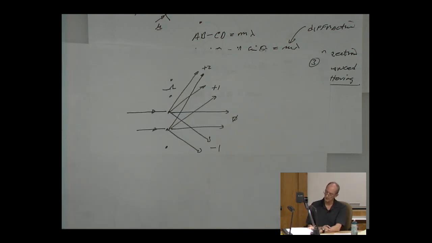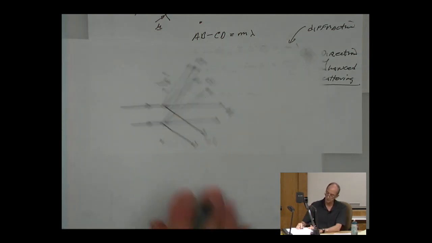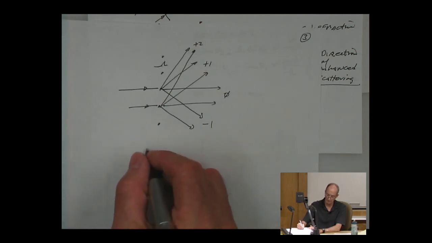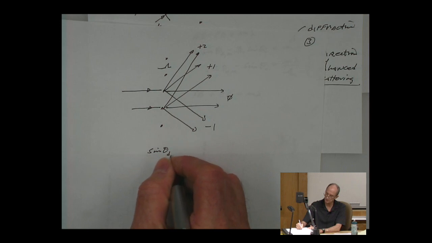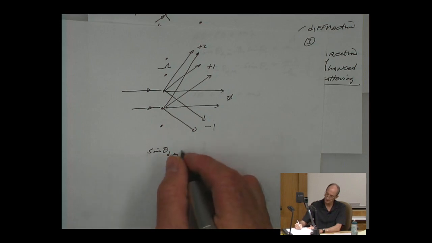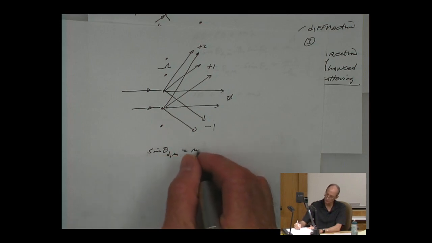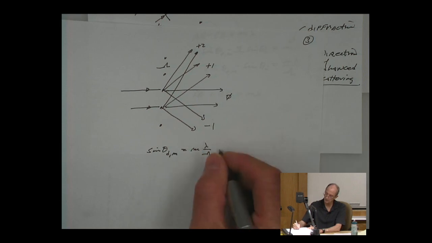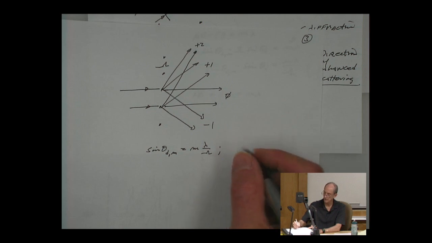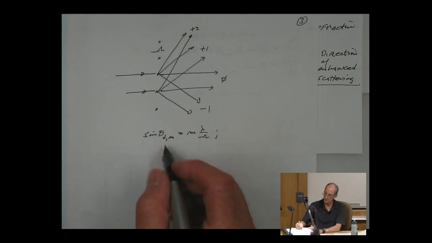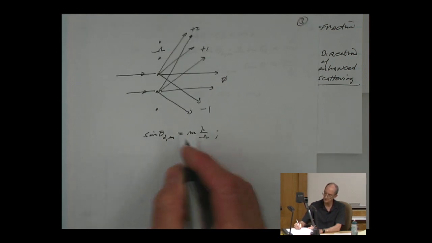All right. So in that case, to get those directions, we'd have sine of theta d m equal to m lambda over the period, and we can keep increasing m provided that sine theta d is less than 90.